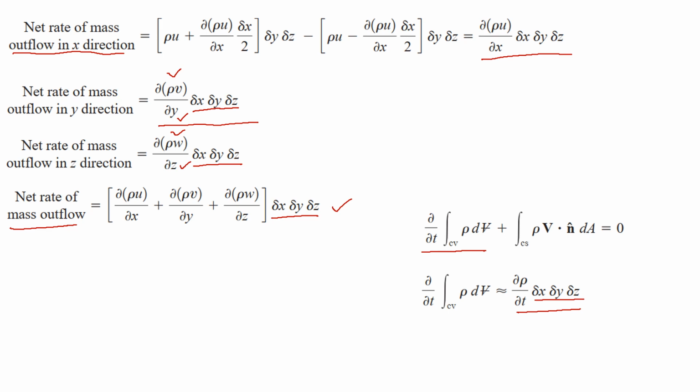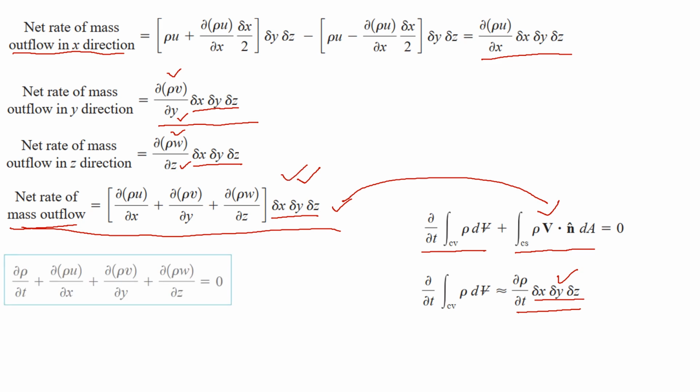This term, the net rate of mass outflow, now represents the differential form of the mass outflow and inflow across the control surface in the Reynolds transport theorem. Now adding this term and this term right here, we get our differential form of the continuity equation.